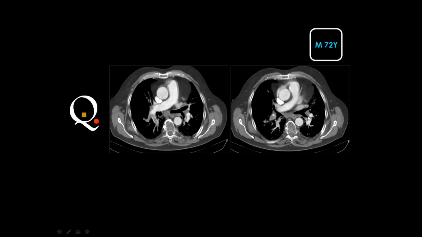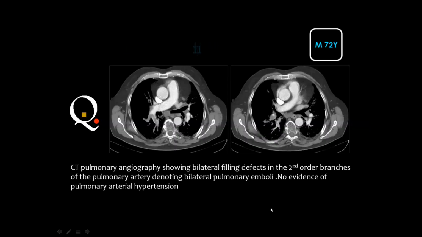And on the left side, you can see some similar lesions, but on the right side, they are clear enough. And you should be careful about this because many of the pulmonary emboli, especially the more peripheral ones, may be missed during the study.